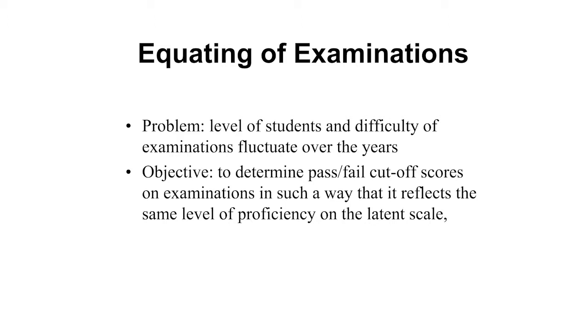The objective is to determine a cutoff score, passing or failing, on the examinations in such a way that it reflects the same amount of proficiency. So the proficiency level at the cutoff score over the years must always be the same.